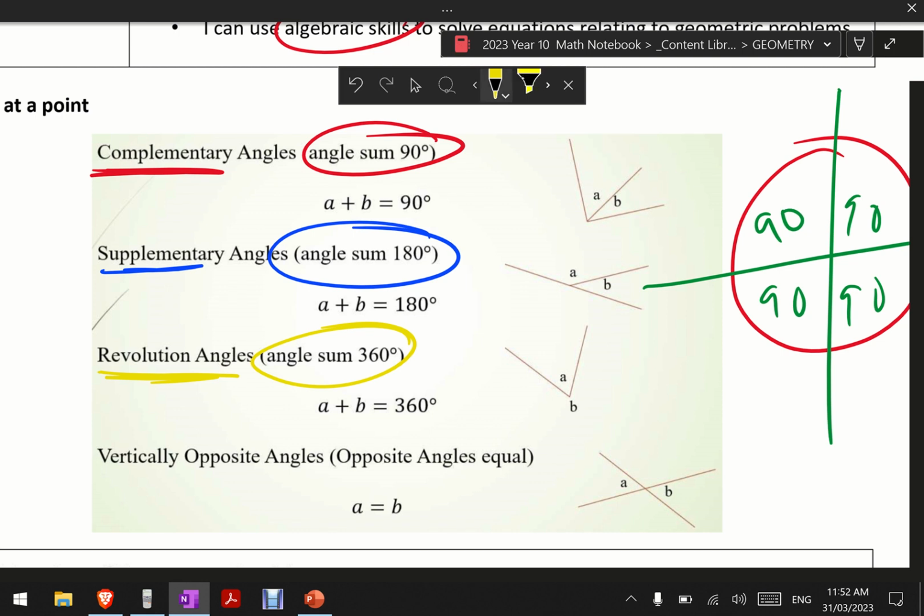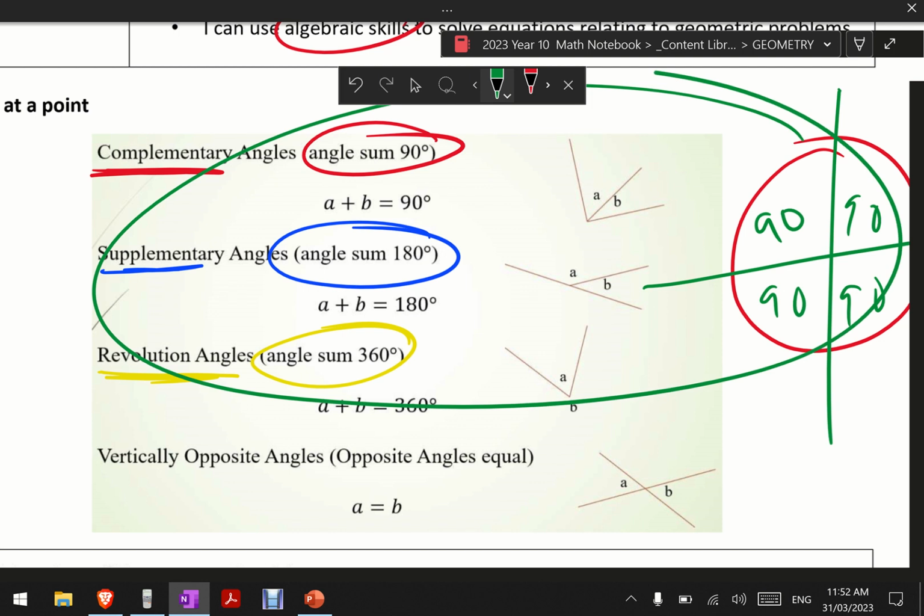Now the fourth one that is mentioned in there is vertically opposite. This is slightly different to what we talked about here.